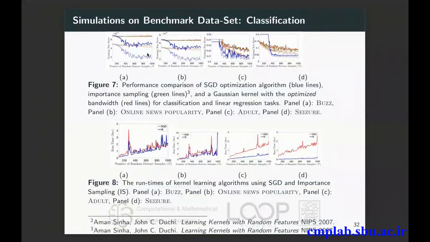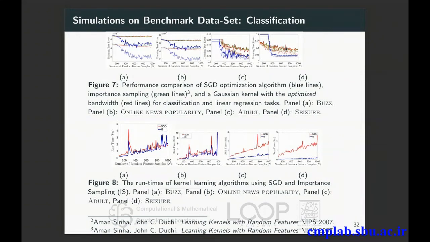Here in this plot, the curves show the training and test error of kernel SVMs, kernel support vector machines, and we use different kernel optimization approaches. As you can see, the blue curve shows a better result. This is our method. The red and green ones are two other alternative methods to optimize the kernel.